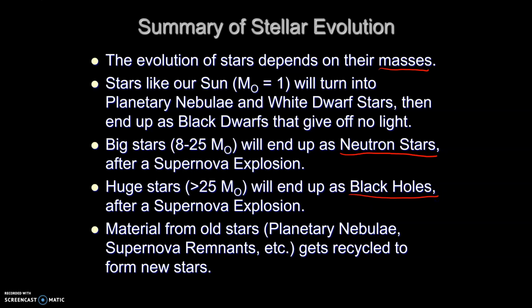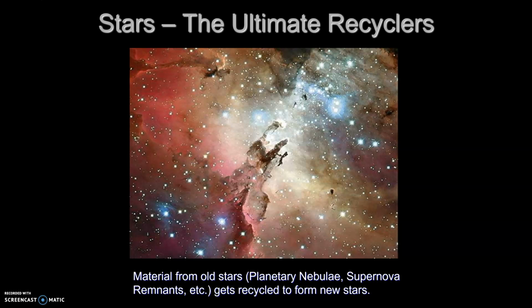Remember that the materials from old stars, our planetary nebulas and supernova remnants, get recycled, and these are going to form new stars. So stars are the ultimate recyclers. All of this material that is given off after a planetary nebula or supernova explosion is going to be used again to make new stars.